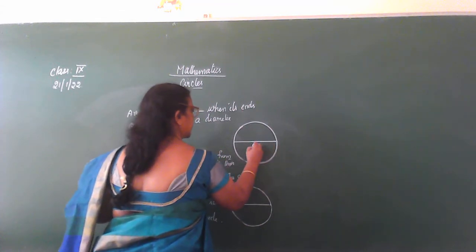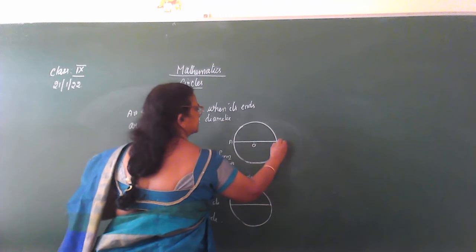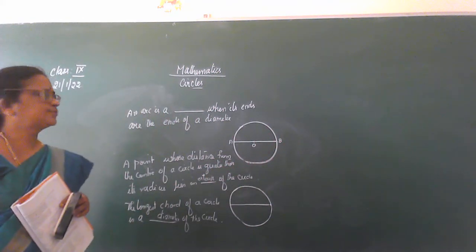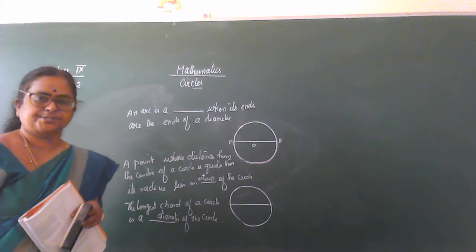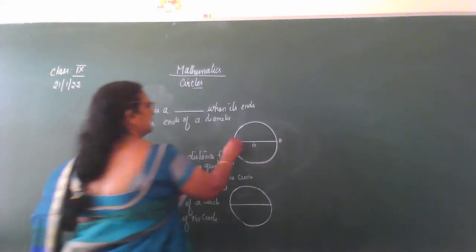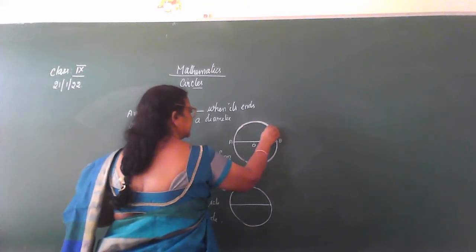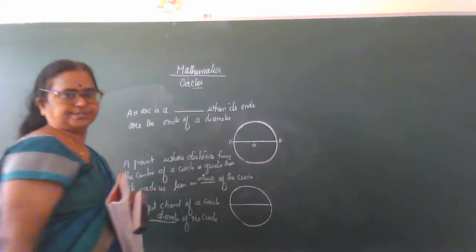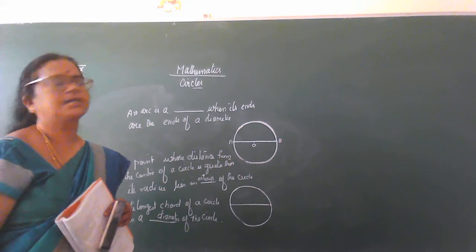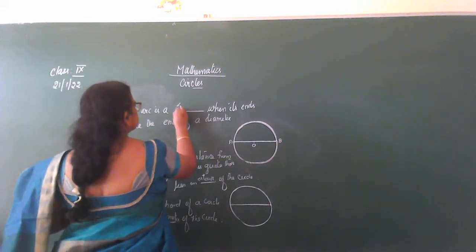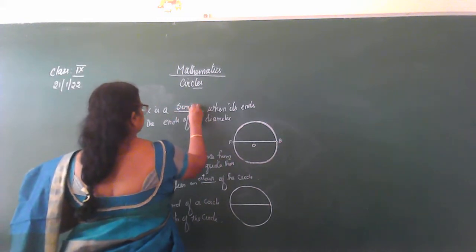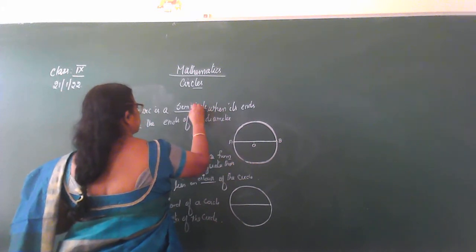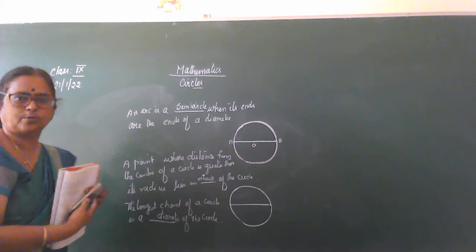Diameter means it's a chord that passes through the center of the circle. Okay. So AB is the diameter. So the arc whose ends are the ends of the diameter, what is this region called? Yes, it is a semicircular region. So it is a semicircle. Okay?